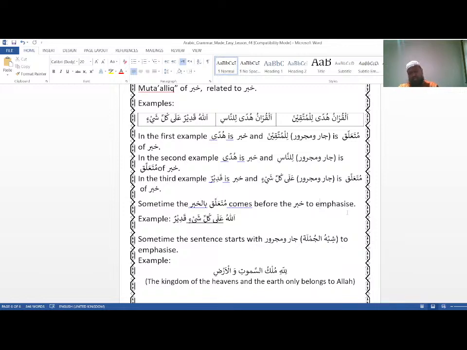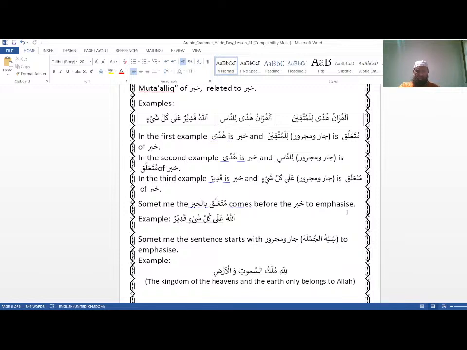But over here the khabar came before the mubtada, the sentence starting with khabar to emphasize. We will give a stronger meaning: the kingdom of the heavens and earth only. So the word only gives a stronger meaning.